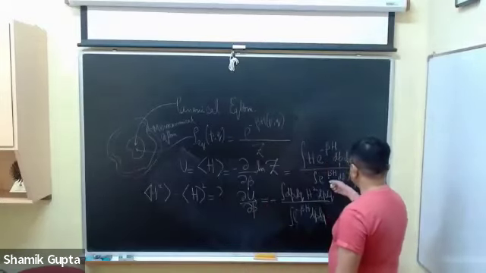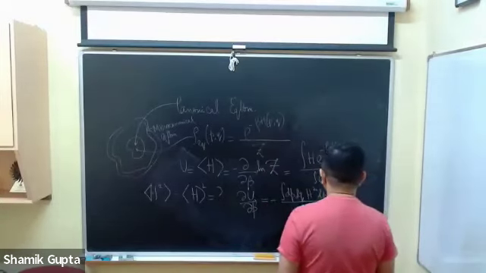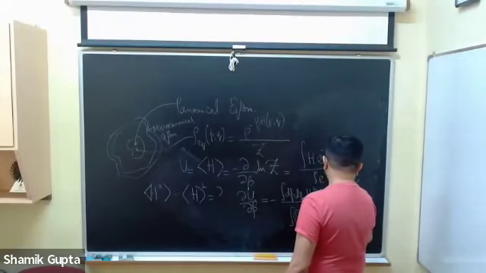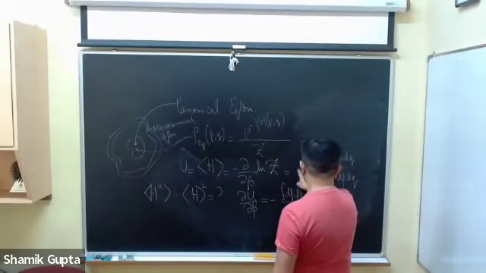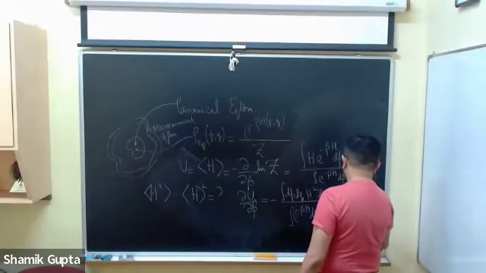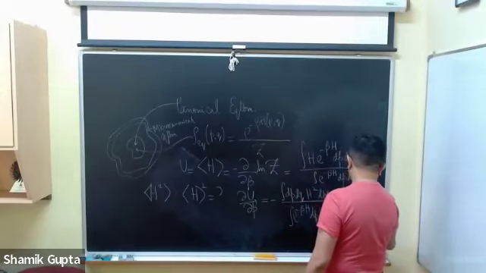Then you also need to take the derivative of the denominator. So that will give you, since it is 1 over Z, minus 1 by Z square. So you will get the square of the denominator.